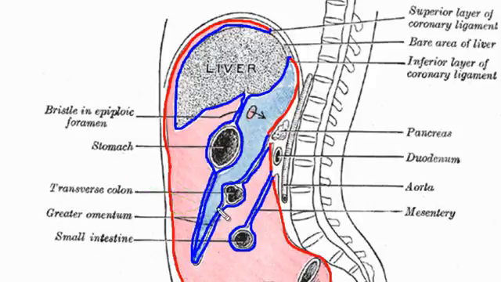The greater omentum loops down over the small intestines and curves back up to attach to the transverse colon. Behind the stomach and the liver, shaded in blue in this diagram, is the lesser sac. This is a part of the peritoneal cavity which lies behind the stomach and the liver. The greater sac is the larger part of the peritoneal cavity and makes up most of the cavity. This is shaded in red, and starts all the way up at the diaphragm. You can see this bit of shading in red above the liver.